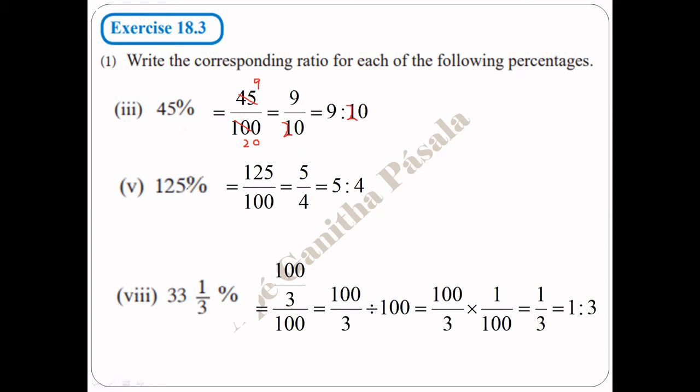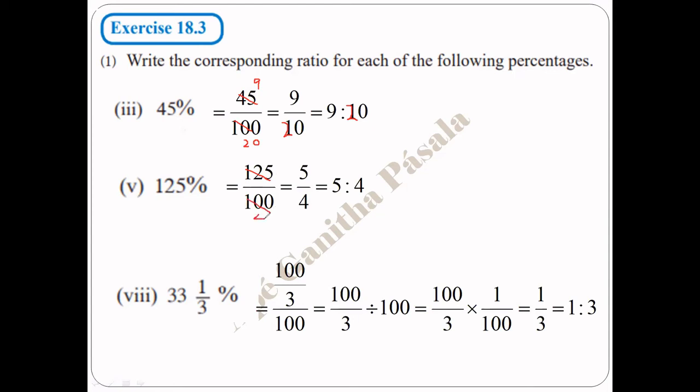Check this one. 125%. Any percentage can be converted into a fraction with denominator 100. You can remove the percentage sign by writing the denominator as 100. So the numerator is this number, 125 over 100. Now you can cut using 25s. For 100 there are 4 25s.